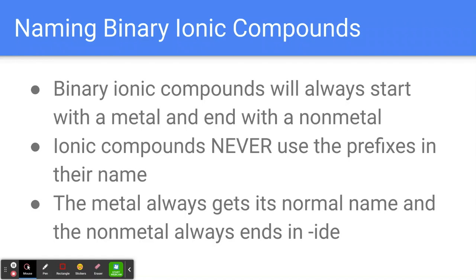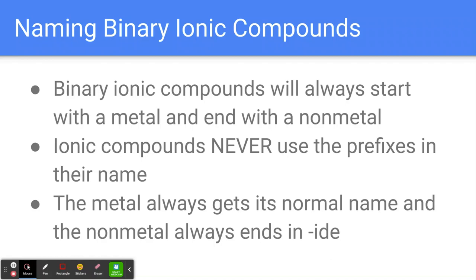Now, in ionic compounds, you never use the prefixes that we just learned. The prefixes that we just learned are only going to be used for those molecular compounds that we just talked about. We'll talk about one other instance where we need to use it, but it's not used within an ionic formula's name.